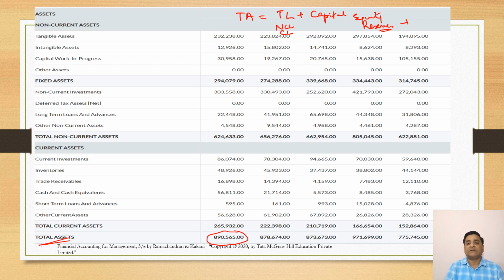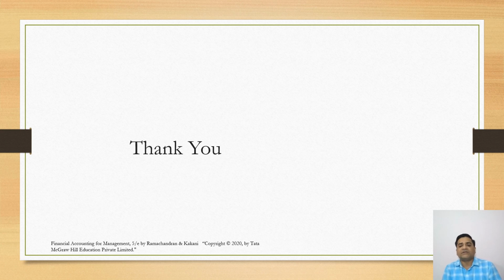Right? So with this, we conclude this topic by saying that a balance sheet is nothing but a report card which is prepared at the end of the session, which is 31st of March every year.